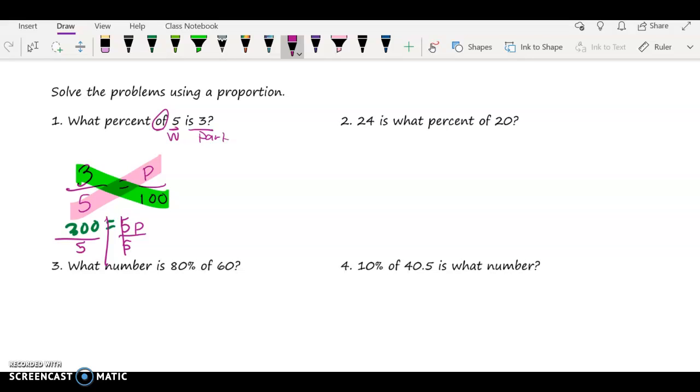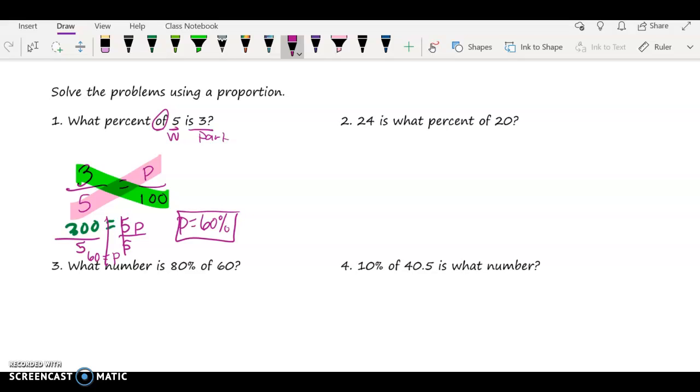And 300 divided by 5 is 60. So p equals 60. So our percent is 60%. We don't have to multiply by 100 because we put it over 100, so we've already kind of counteracted that for us.